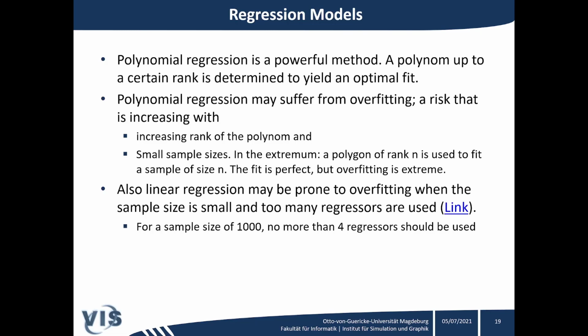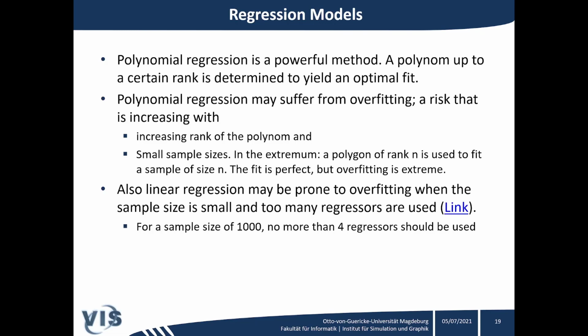There is a risk of overfitting our data with increasing rank of the polynomial and small sample size. In the extreme, a polynomial of rank n is used to fit a sample of size n, and of course then the fit is perfect, but overfitting is extreme, so you cannot apply this model to another dataset.